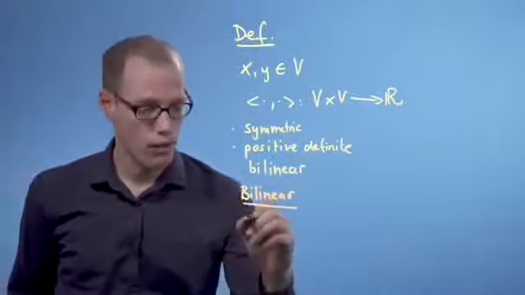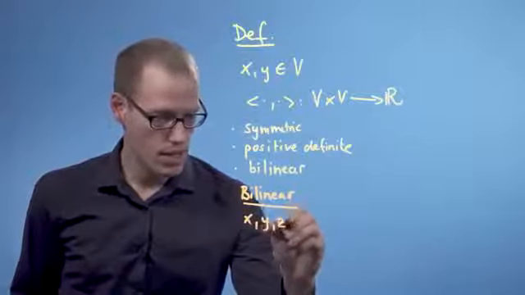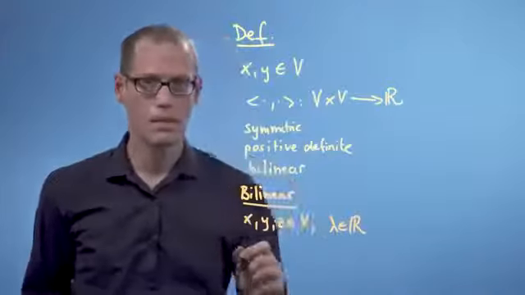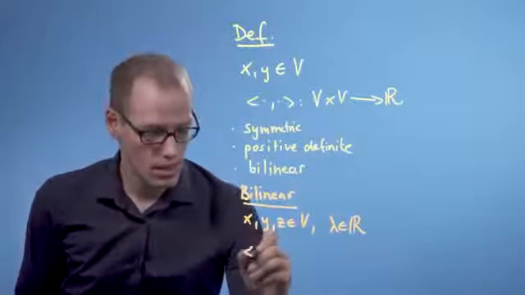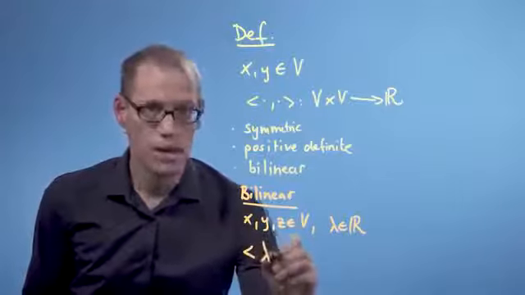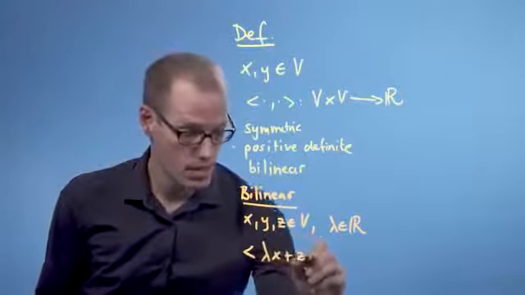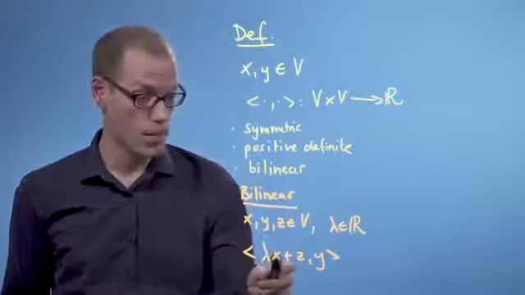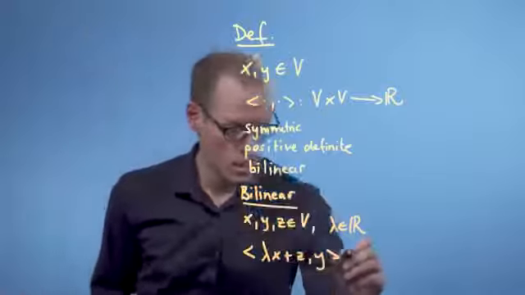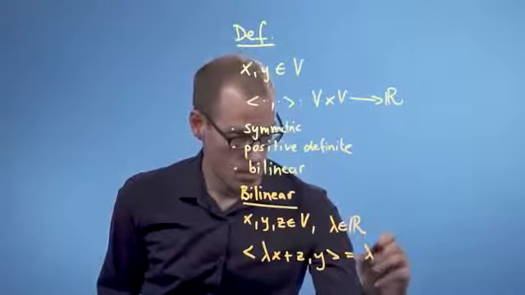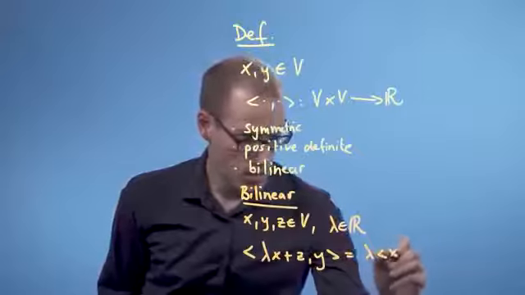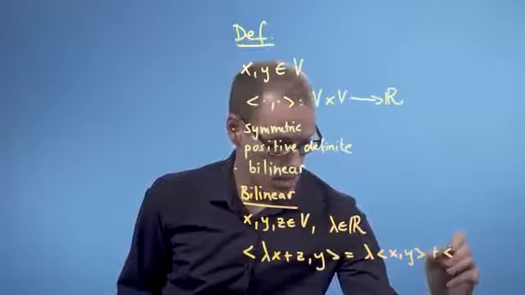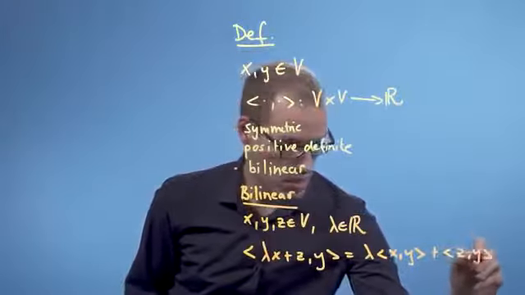Bilinear means that for vectors x, y, and z in this vector space and real numbers lambda, we get that the inner product between lambda x plus z and y can be written as lambda times the inner product between x and y plus the inner product between z and y.